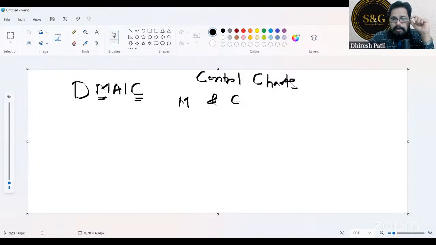Now, before we go into the measure phase and control phase, who invented control charts? Any idea? Just type in the chat box.